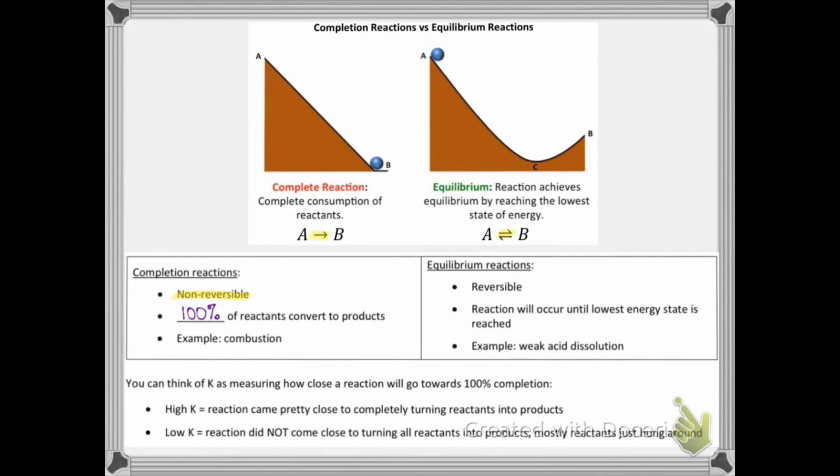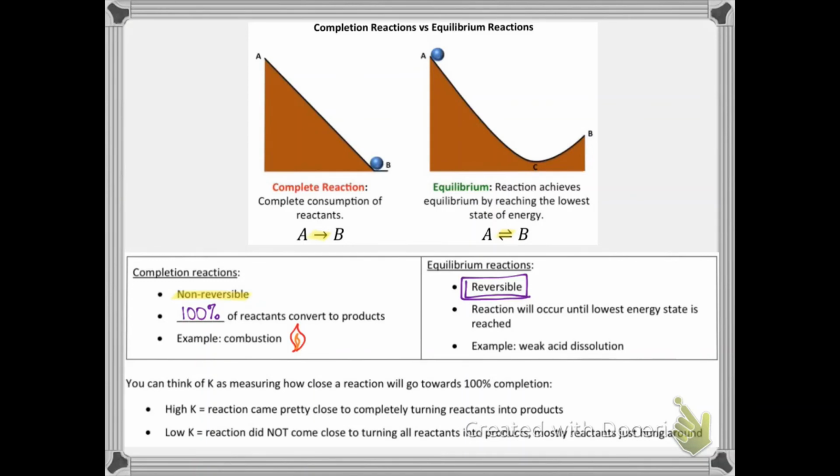You can't go back. Combustion is a classic example. You can't unburn something. Equilibrium reactions, of course, as the double-sided arrow suggests, are reversible, which means the reaction is going to occur until the lowest energy state is reached, and then, who are we kidding? The reaction's still happening, just at equal rates in both directions. So a weak acid dissolution is a classic example. A weak acid will only partially dissolve.